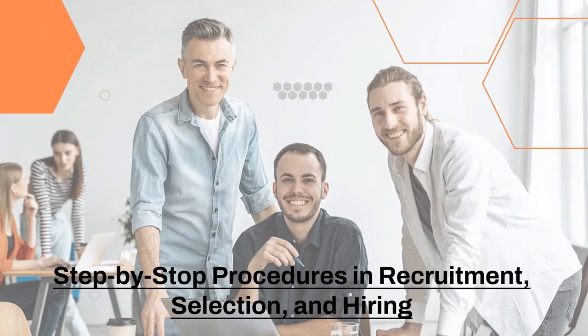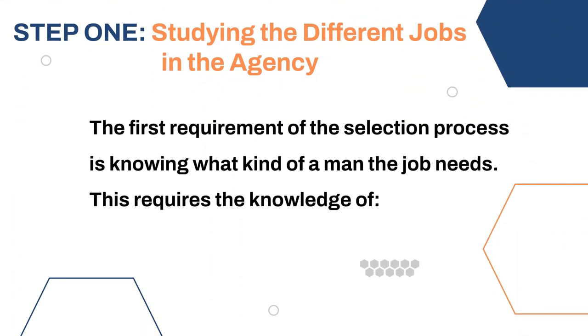So these are the step-by-step procedures in recruitment, selection, and hiring. Step 1 talks about studying the different jobs in the agency. The first requirement of the selection process is knowing what kind of man the job needs.